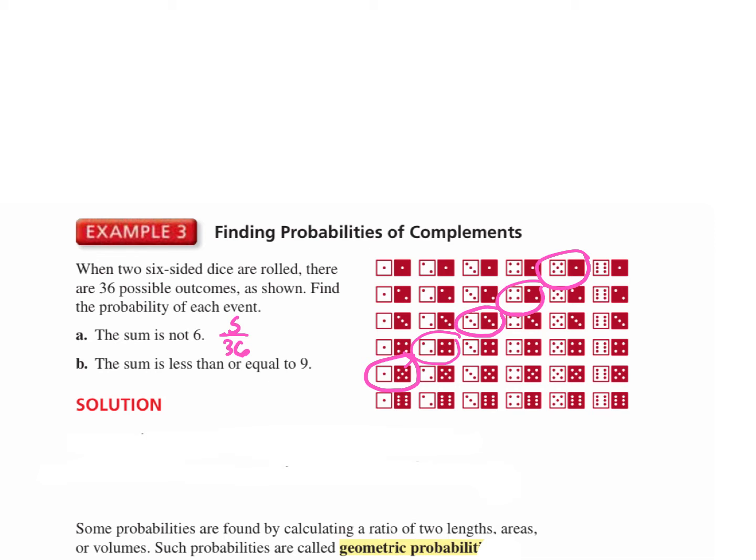But we're trying to find when it's not 6. 31 out of 36? Right, and we would do 1 minus the probability that it does add to 6, which would be 36 over 36 minus 5 over 36, which is what, Sandeep? 31 out of 36.